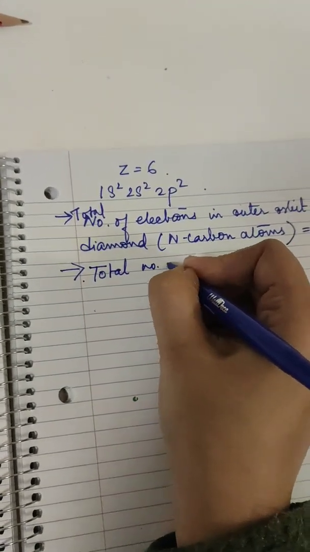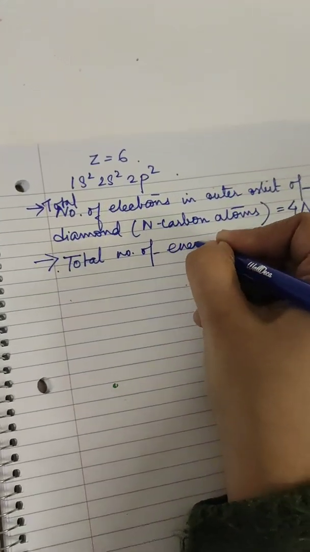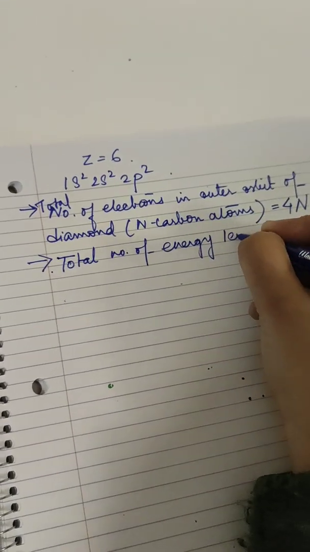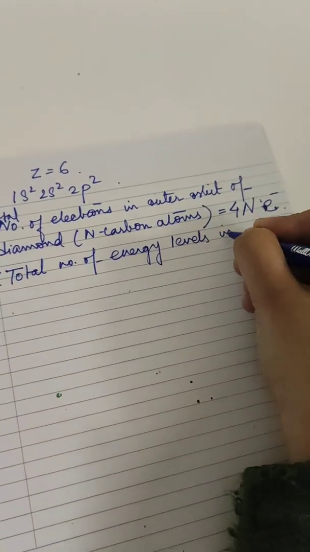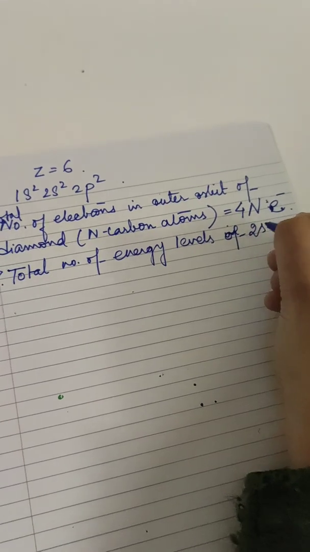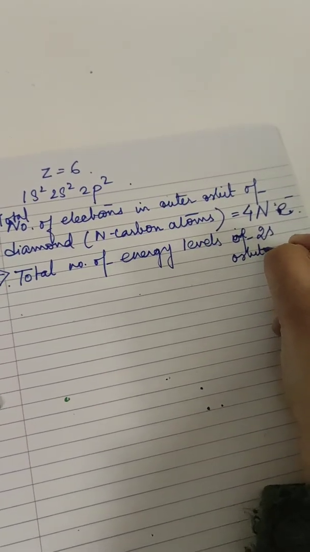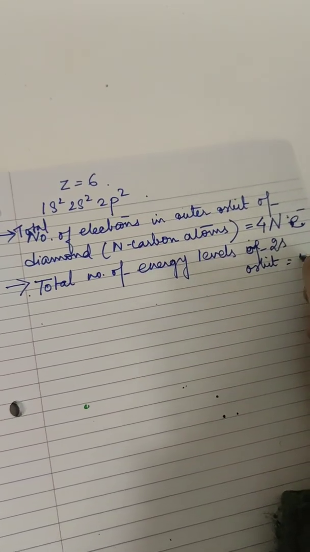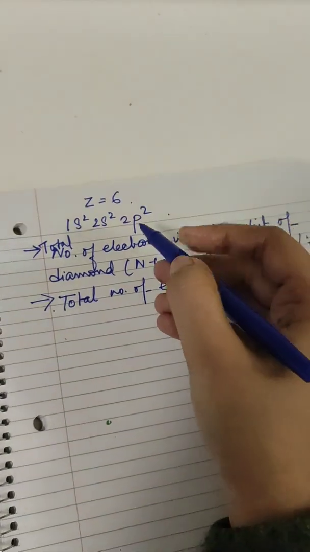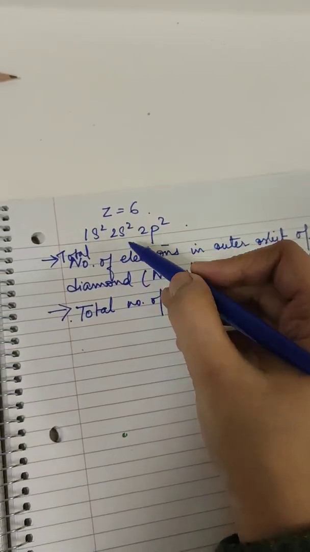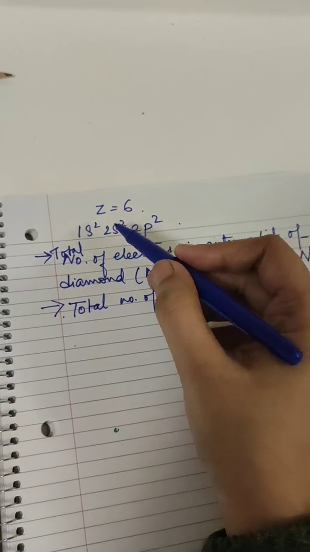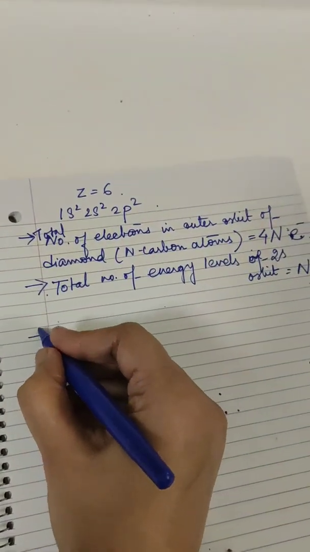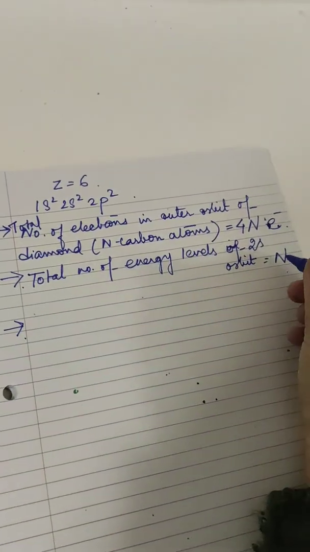Now the total number of energy levels in the 2s orbital equals how many? n. S consists of one shell, so n energy levels.